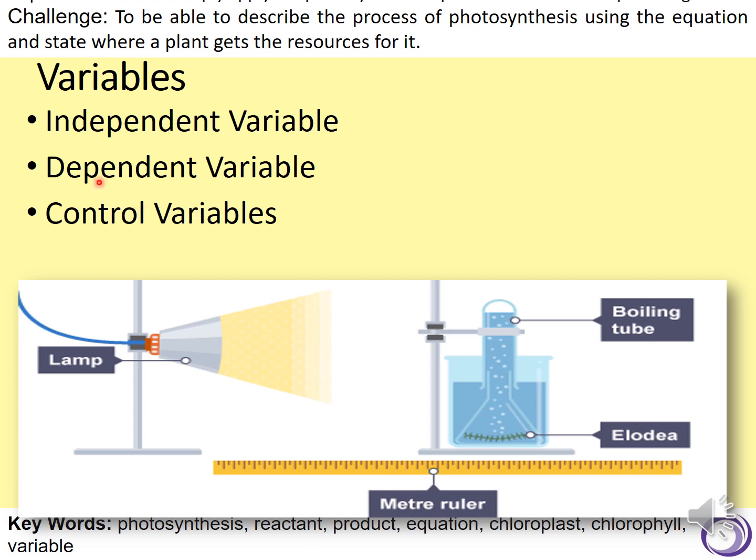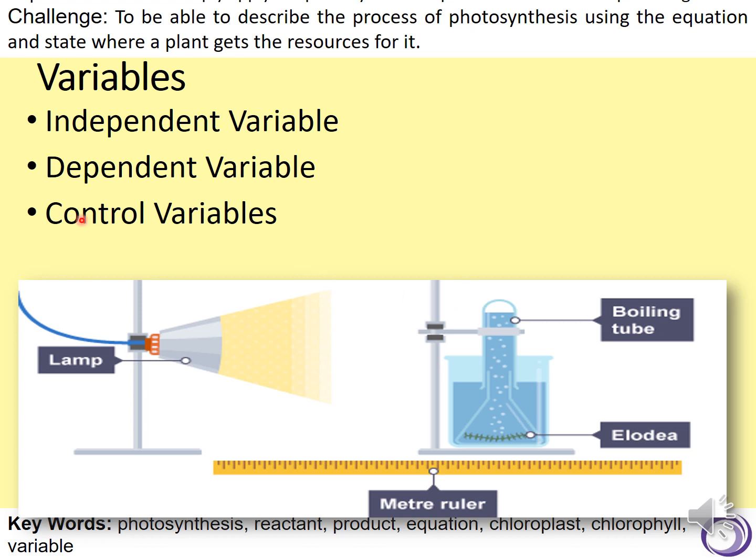The dependent variable is what we measure, because the amount of light changes the amount of oxygen that is being produced. So the dependent variable is measured. We could do that, for example, using a measuring cylinder with a scale on the side, or we could even use something like a syringe and suck that oxygen and measure how much oxygen there is in there.